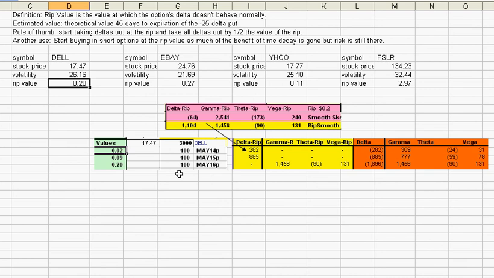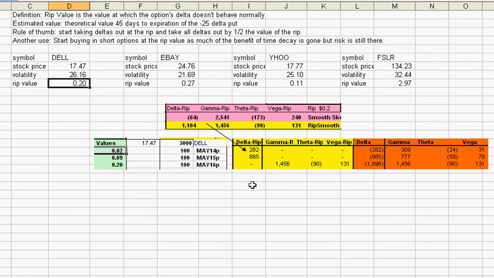So whereas you may have purchased 3,000 Dell shares against this position before, we would call that where you'd actually feel like you're long 1,000, because you should be taking out 282 for the 14 puts and 885 for the May 15 puts.